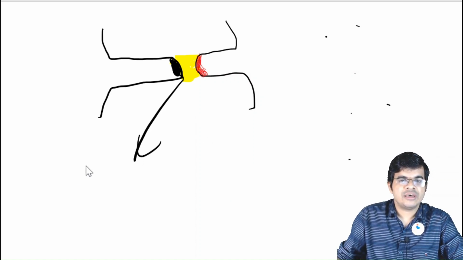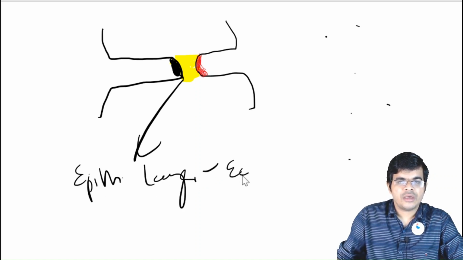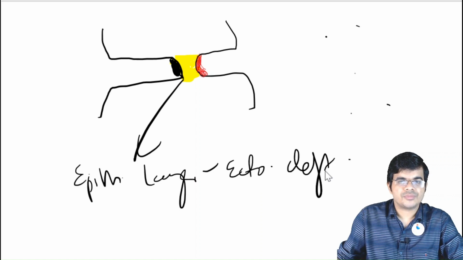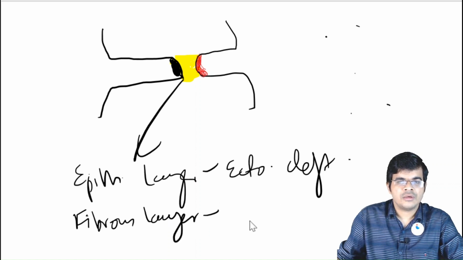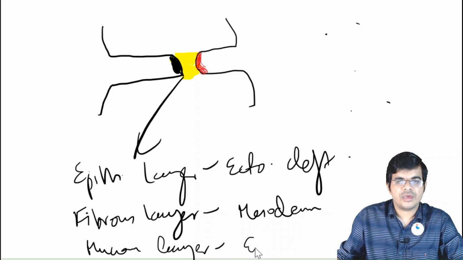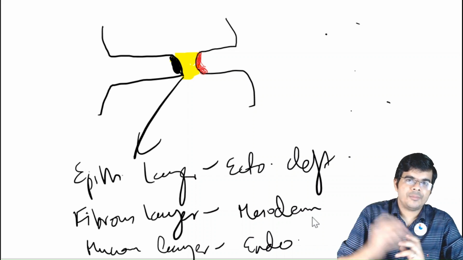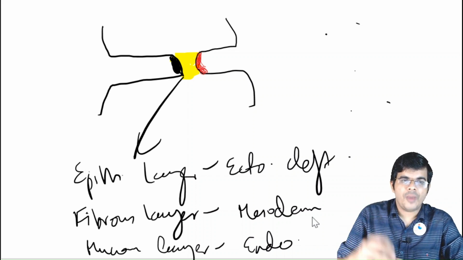That is, the epithelial layer develops from the ectodermal cleft, the middle fibrous layer from the mesoderm, and the inner mucous layer or mucosal layer is from the endoderm. So these are the parts of the tympanic membrane.